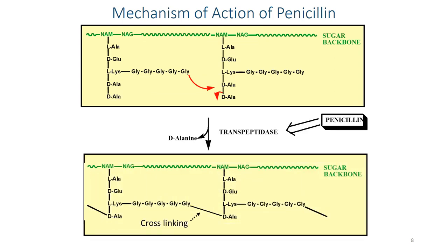Here you can see more clearly how during the cell wall synthesis, the lysine of 1 NAM unit cross-links to D-alanine of neighboring NAM unit, which happens in the presence of the enzyme transpeptidase. Here you can clearly see that penicillins act on transpeptidase.